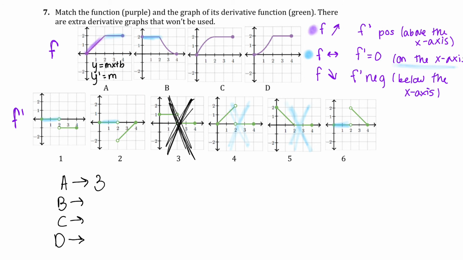The next part is decreasing. This part right here is decreasing. And that means it should be below the x-axis. So this one's below the x-axis, this one's below the x-axis. Number 6 is not, so we'll toss that one. We can't do that one. So now we're just choosing between 1 and 2 at this point.